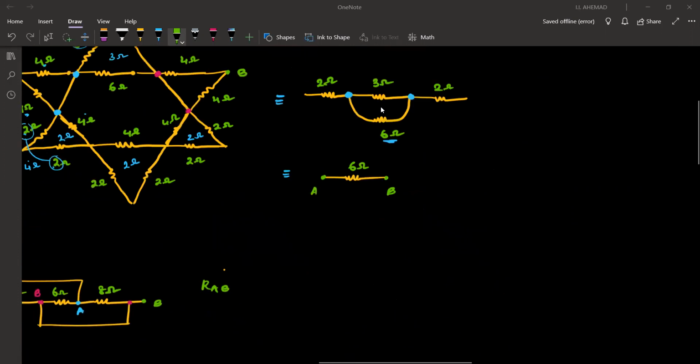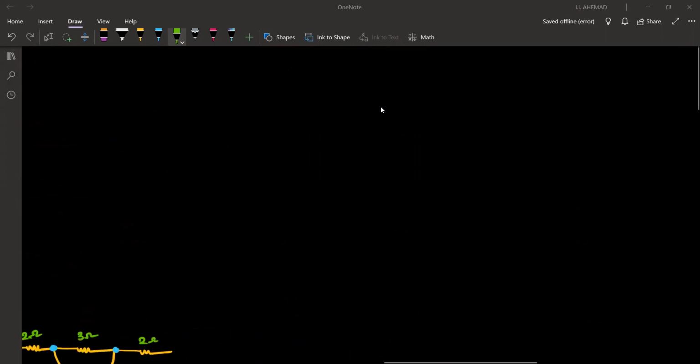Next, we can have a symmetry that is parallel to AB.